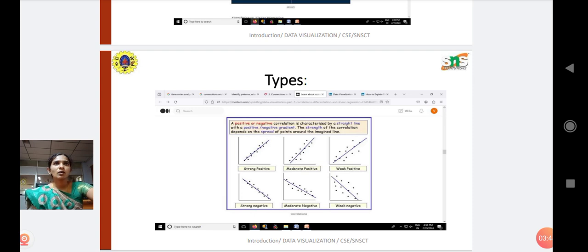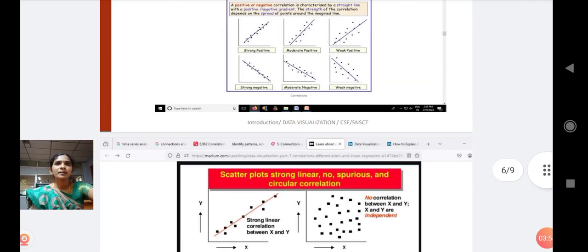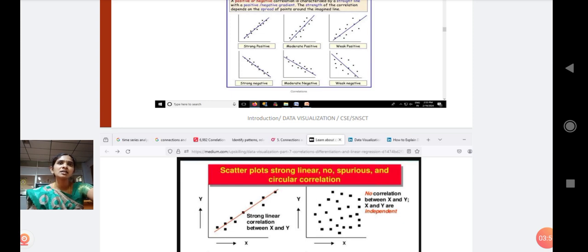Outliers are the data points which are different from the rest of the data set, and the scatter plot brings these outliers to the surface. The next one is cluster identification. In some cases scatter plots can help identify clusters or groups within the data.